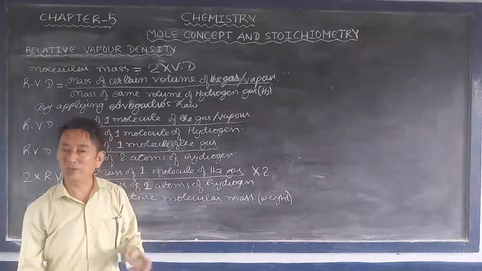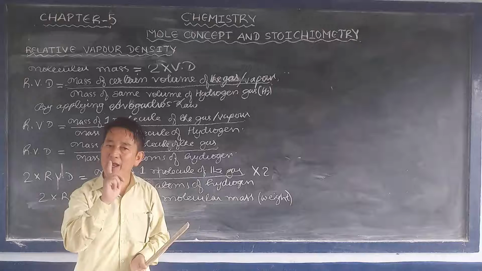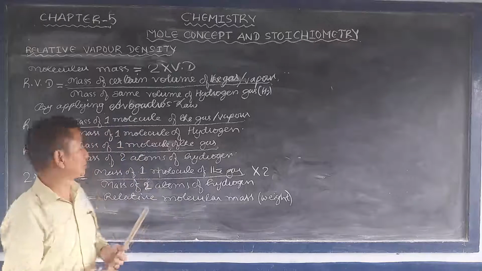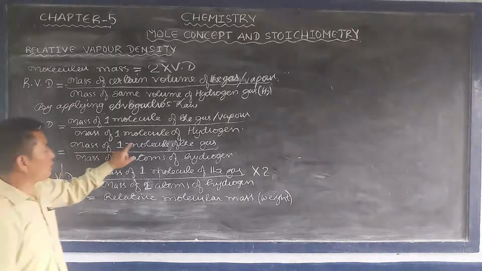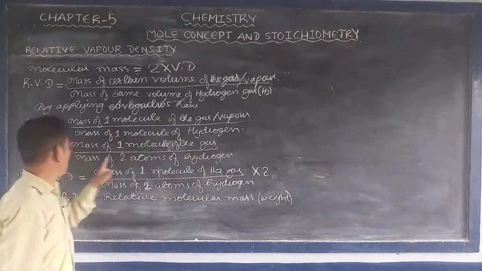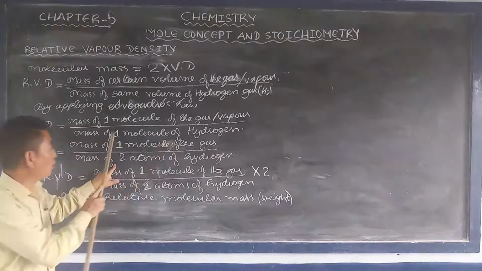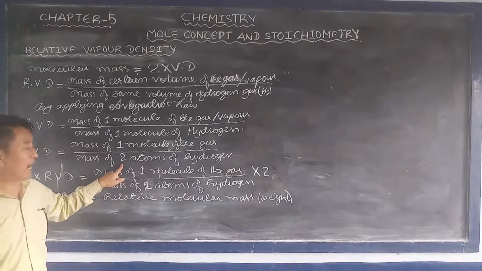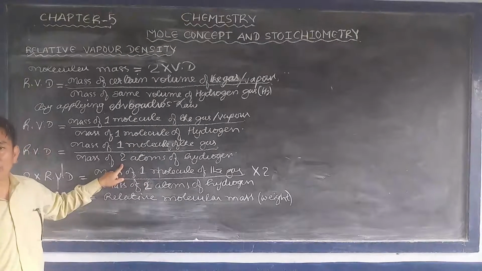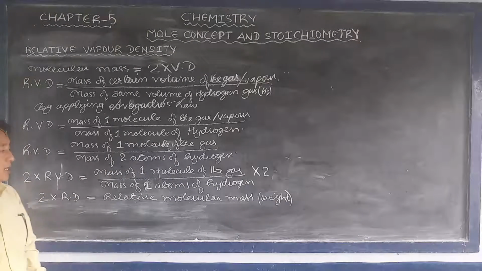You know hydrogen is a diatomic molecule, its molecule is made of two atoms. So one molecule of hydrogen is substituted by two atoms of hydrogen.